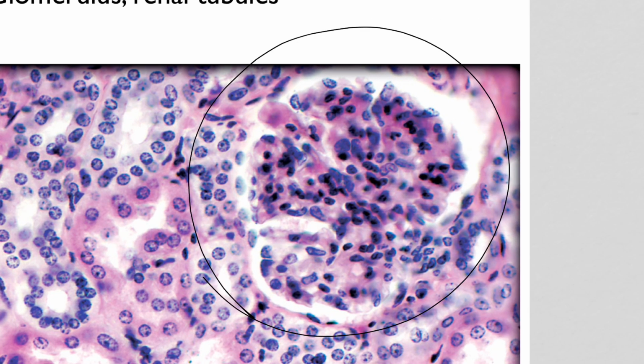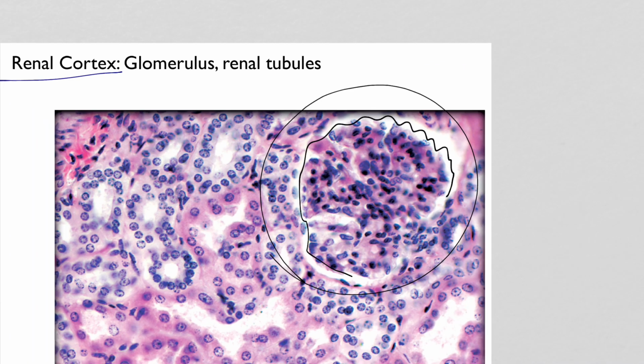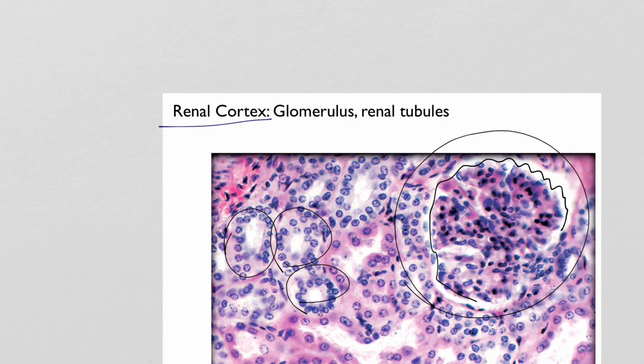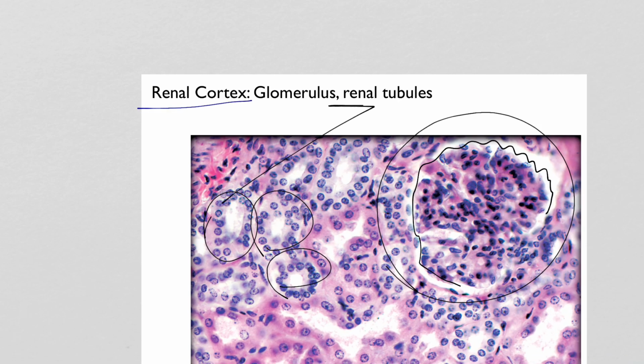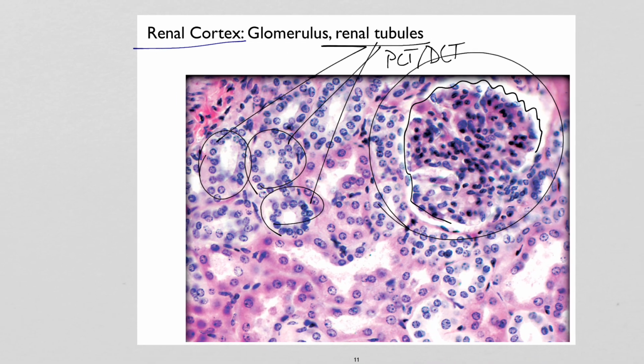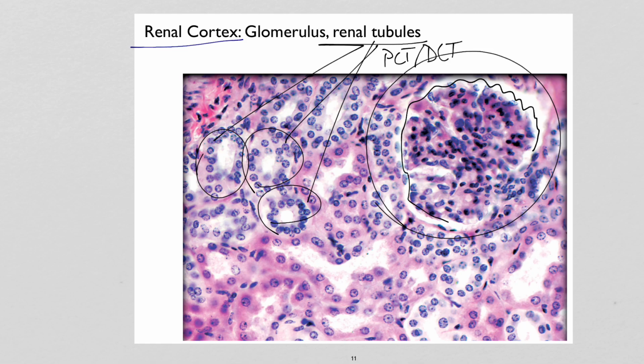That ball of capillaries plus the white space that surrounds it, that's the glomerulus, and then the capsule and capsular space that surrounds it. Right? These tubes are sections of renal tubule. It's difficult to say exactly what section they are, but it has to either be PCT or DCT because those are the sections of the tube that are in the cortex.